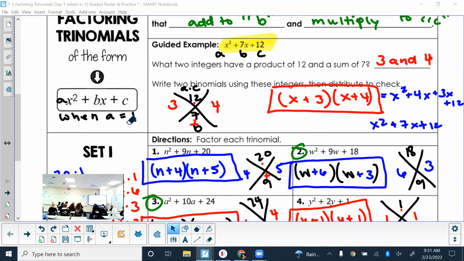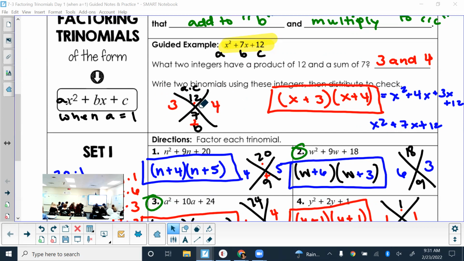And when it's 1, it's pretty easy because you can just do the diamond method, which is set up here. The top of your diamond is always a times c. So in this case, it's always 1 times whatever number is in the c position. And then on the bottom is the number in the b position. And you're looking for two numbers that multiply to the top number, but add to the bottom number.